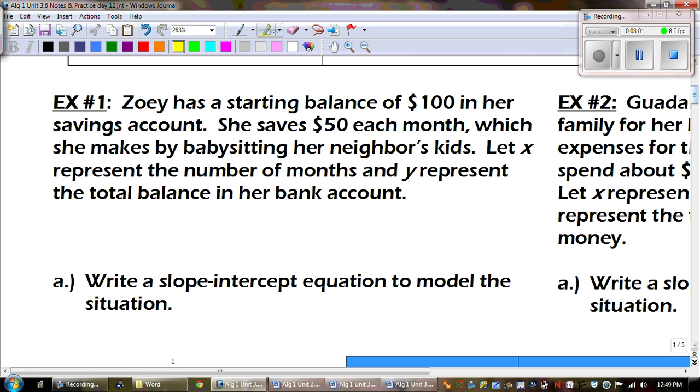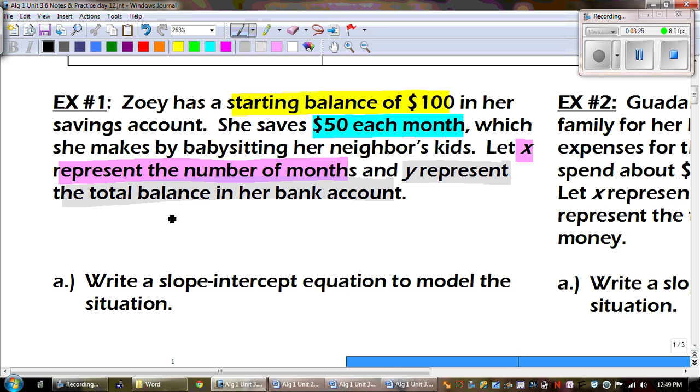So let's go through and circle or highlight some key things. She has a starting balance of $100. Each month is $50. And then it's nice because they say x represents the number of months and y represents the total balance in your bank account.